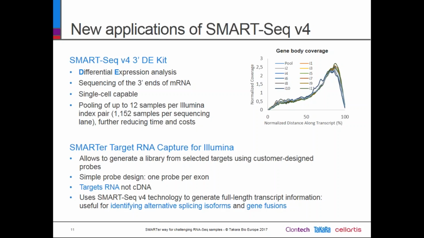These are events that are very rare, and if you amplify the whole transcriptome, it will be difficult to identify them. So what you can do is first just capture your transcript of interest, and then do library prep only from these transcripts of interest. And this is what this SMARTer targeted RNA capture will allow you to do.